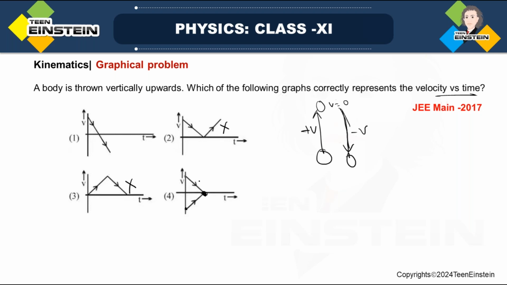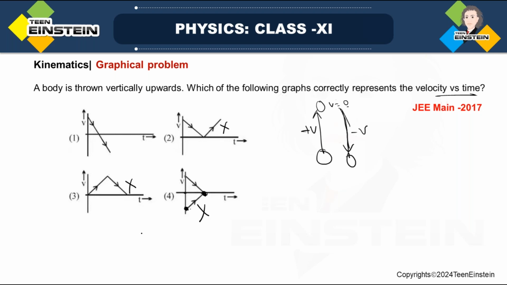One more point I wanted to say: it does not start with the maximum velocity. It starts with zero velocity. Here the initial velocity has to be zero, but here, in the opposite direction, the velocity is starting with the maximum velocity, which is not true.